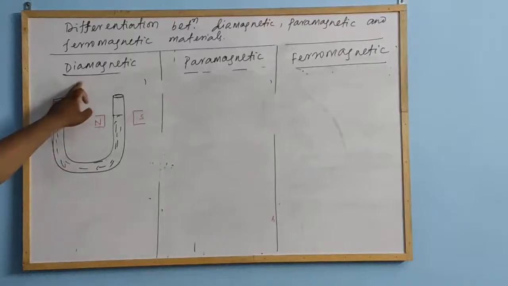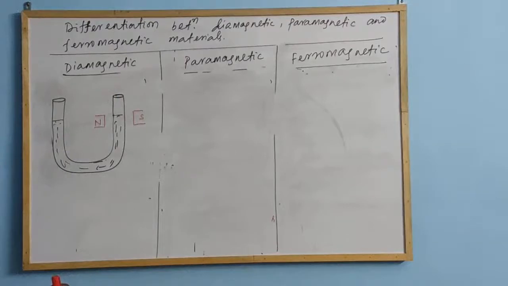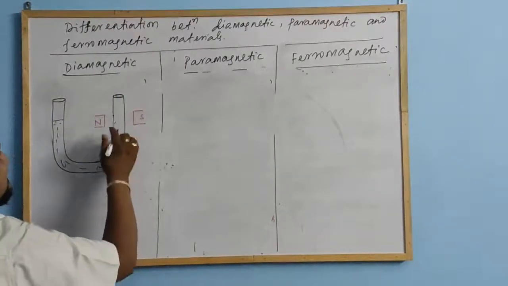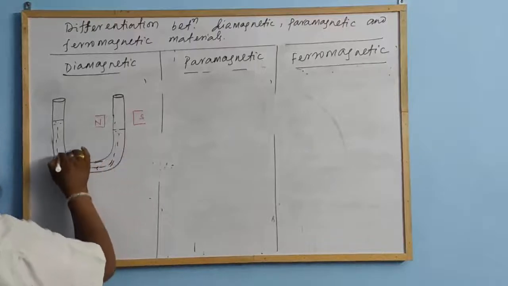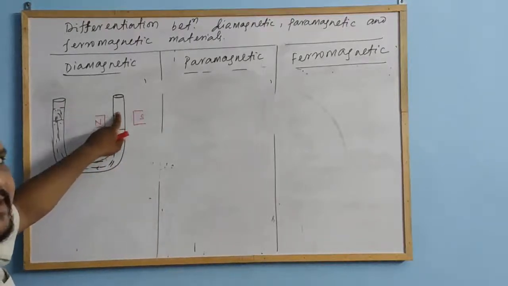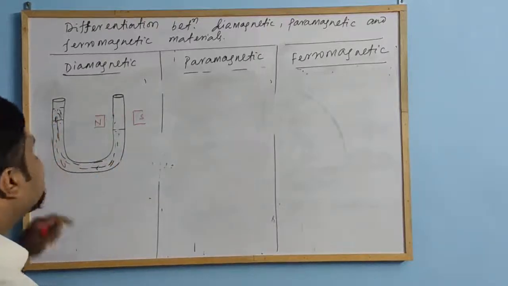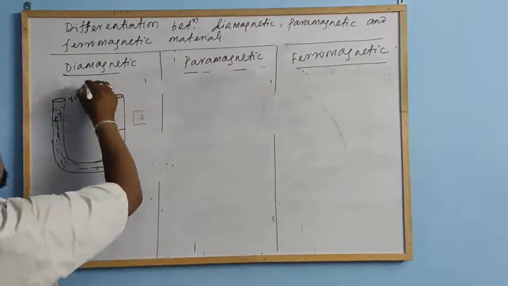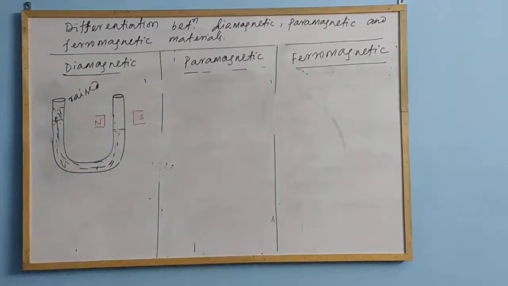These are repelled by the magnetic field. In this limb, the liquid level gets depressed, but here the liquid level will be raised, because here it is the stronger field, so it is depressed. Here it is raised.